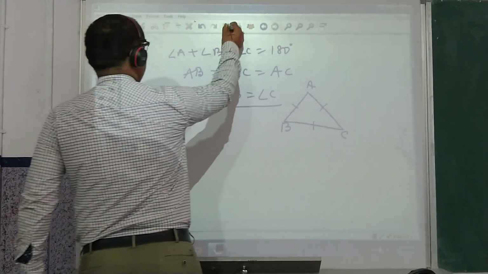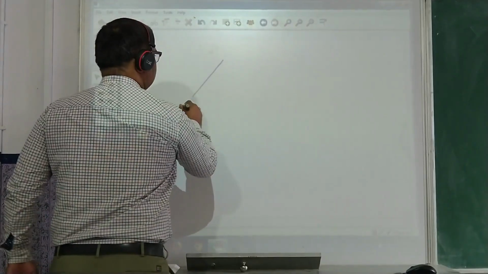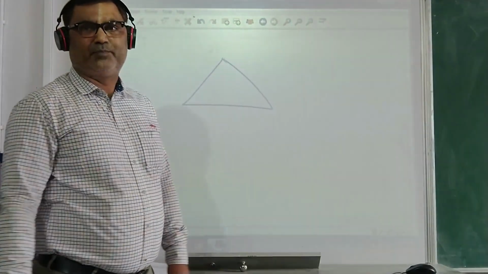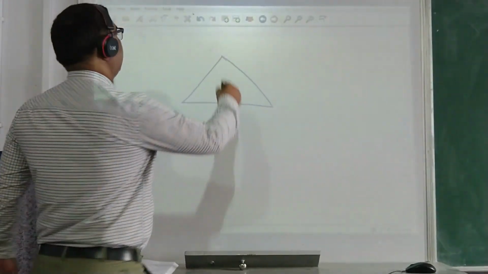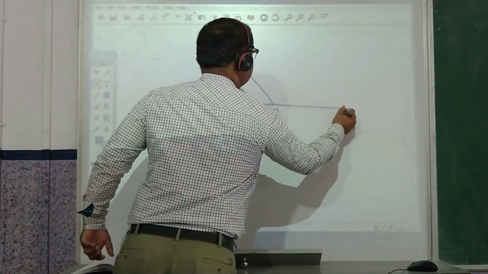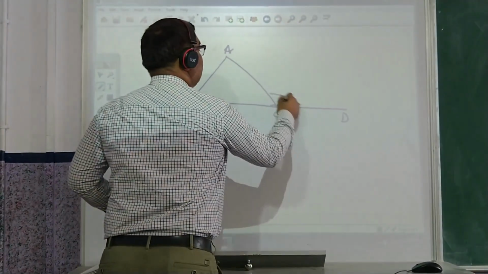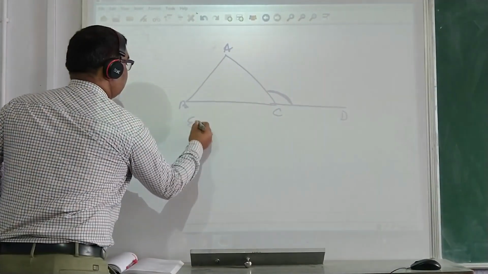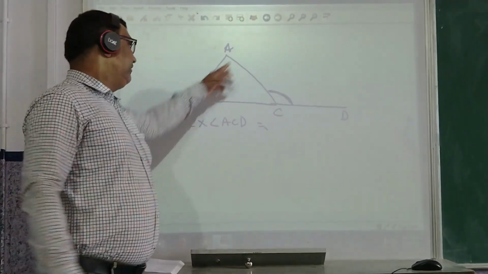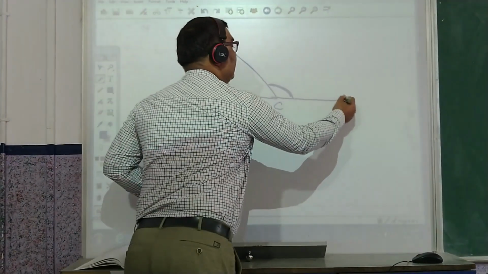Next theorem, I am just reminding you. The theorem was, in a triangle, if one side is produced, suppose in triangle ABC this BC is produced to D, forming this exterior angle ACD.